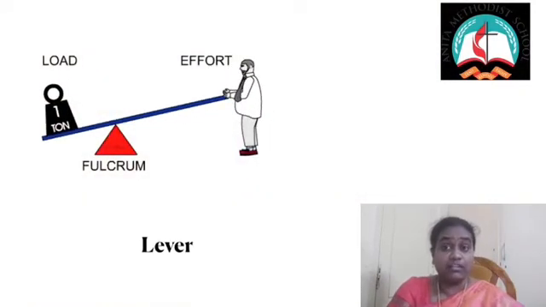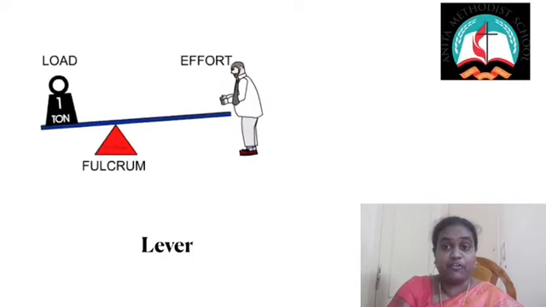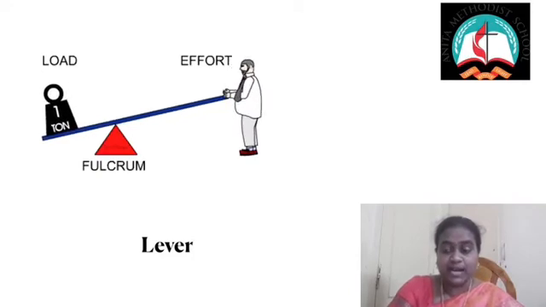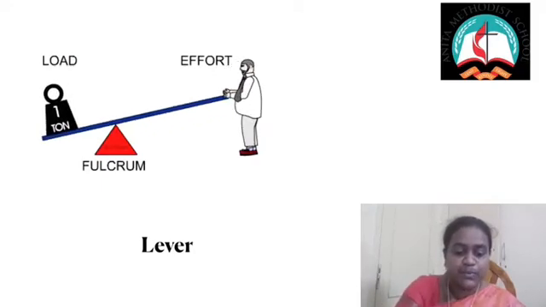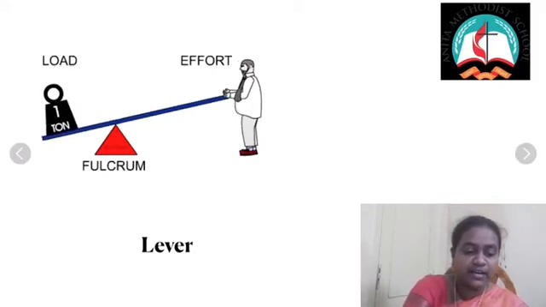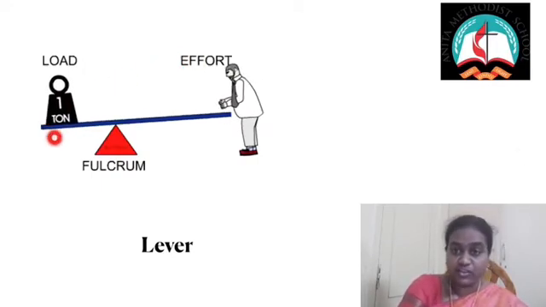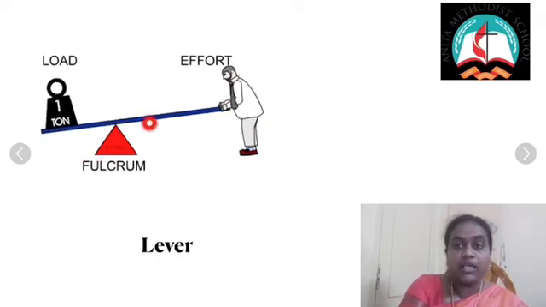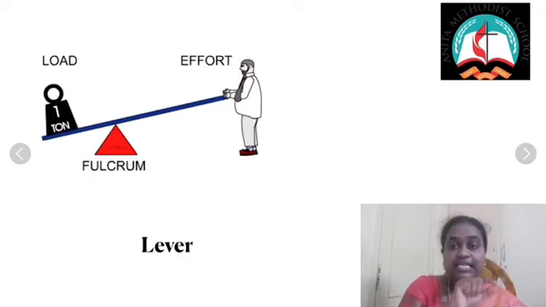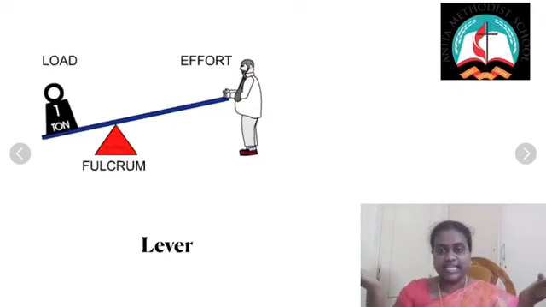Lever. The final type of the simple machine. A lever is a long rod. Can you see this blue color rod over here? And there is also something beneath the rod so that the lever is balanced on both the sides.